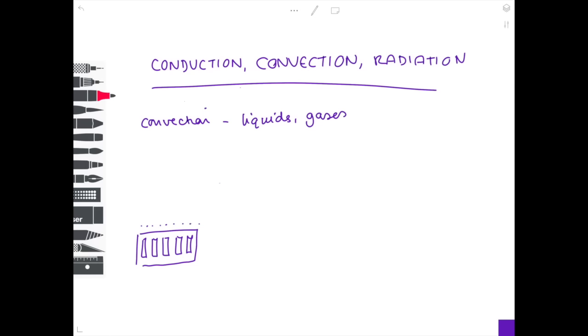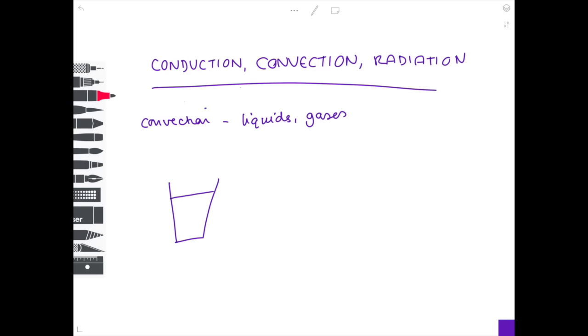Now, because they've gained kinetic energy, the air expands, which means that the particles occupy more space. Because they're occupying more space, they become less dense, so they rise up to here. As they rise, they become cooler. By definition, they become denser, and therefore they sink. And before you know it, a convection current has been set up whereby the process keeps repeating. And that's how a radiator in the corner of a room can actually heat up the entire room.